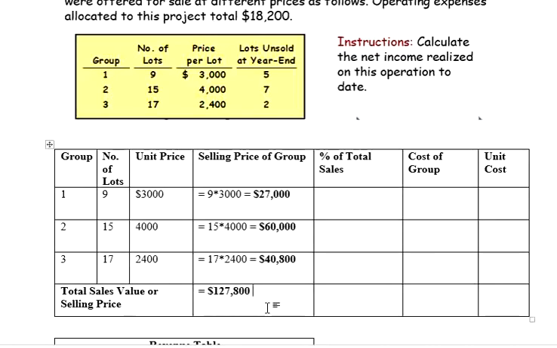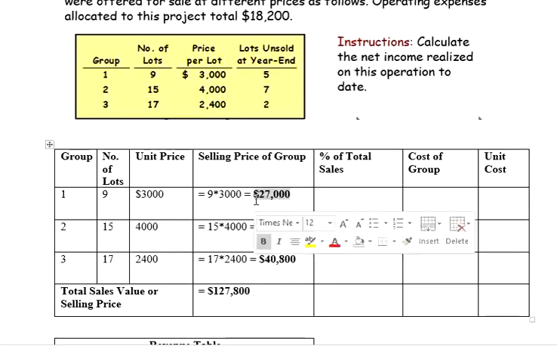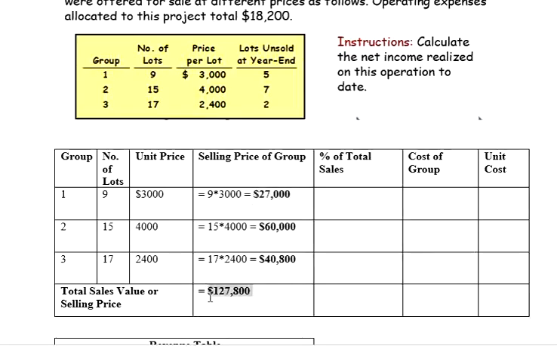Remember this, okay? Now what I will do is try to connect this revenue with the cost, and for that I'm going to take help from a percentage technique. So let's look at this. $27,000 revenue out of $1,27,800 total revenue.